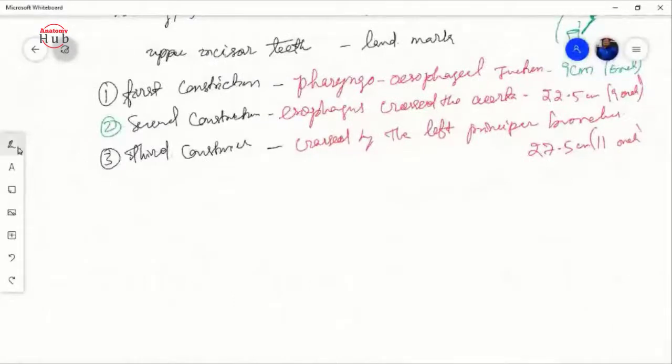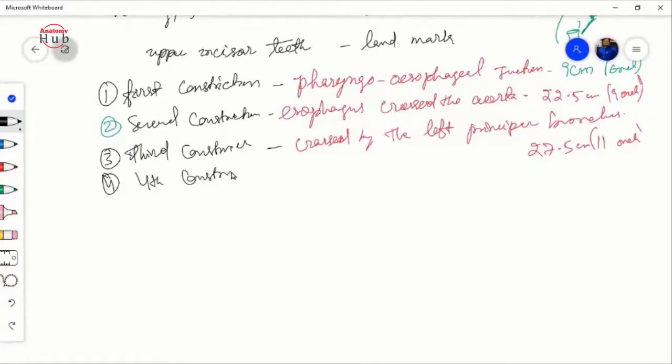So what we got, the fourth constriction, that will be when it pierces the diaphragm.